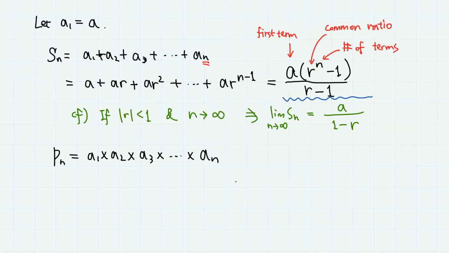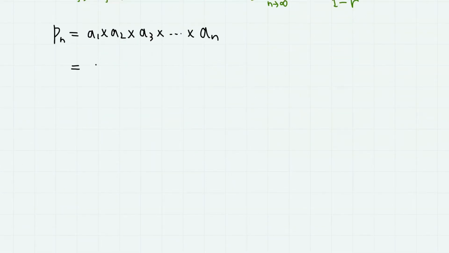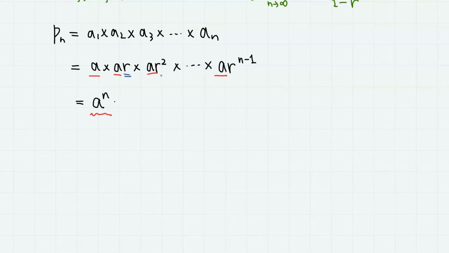Now let's take a look at Pn, the finite product. Here the first term is a, the second term is ar, the third term is ar squared, and the nth term is ar to the power of n minus 1. Therefore, if you count the number of a's, we have a total of n a's, so we have a to the power of n, then we have r times r squared times all the way up to r to the power of n minus 1.